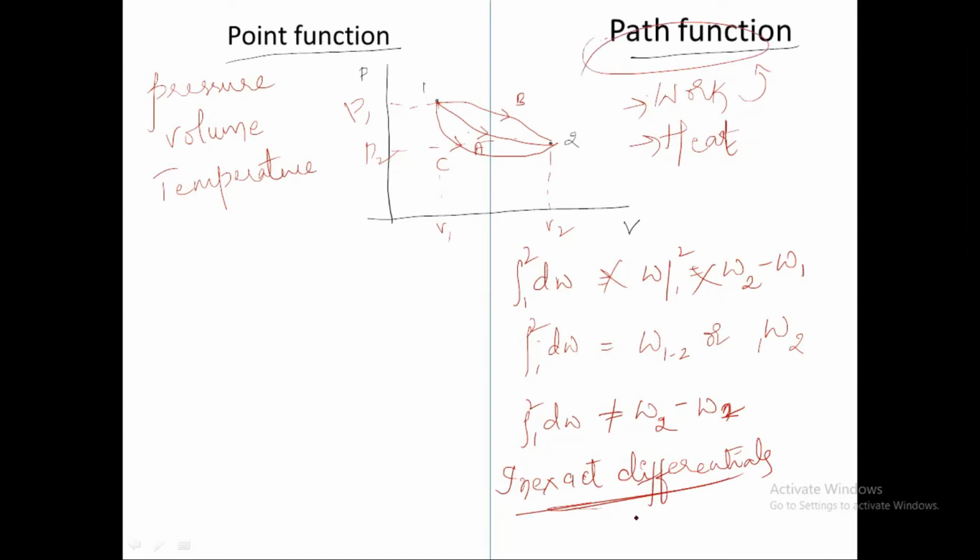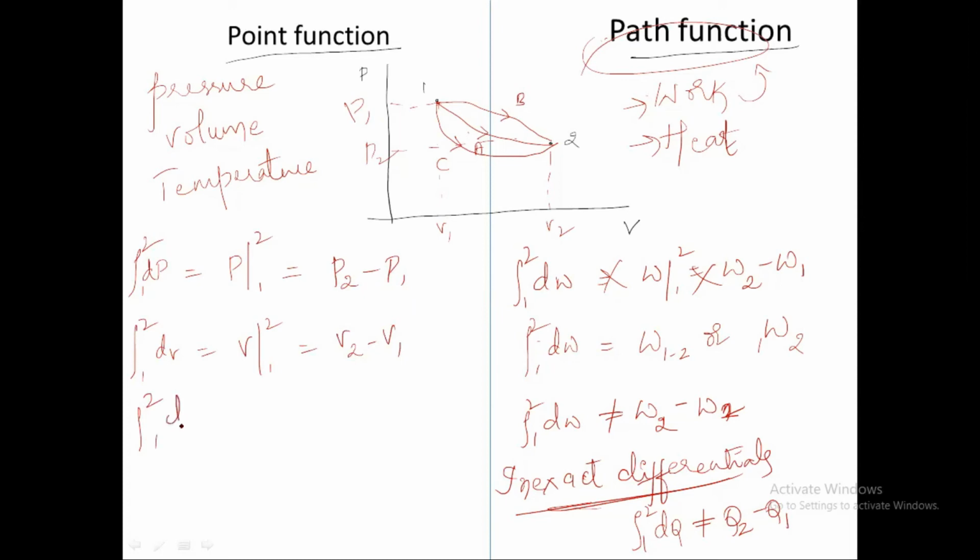Similarly, for heat, integral 1 to 2 dQ can't be written as Q2 minus Q1, because heat is a path function and also an inexact differential. Let me write it for pressure, integral 1 to 2 dP. It can be written as P with limits 1 to 2, and you get P2 minus P1. Do you have P1 and P2 values in a PV diagram? Yes, they are there. Similarly, integral 1 to 2 dV is equal to V with limits 1 to 2, and if you integrate it, you get V2 minus V1.